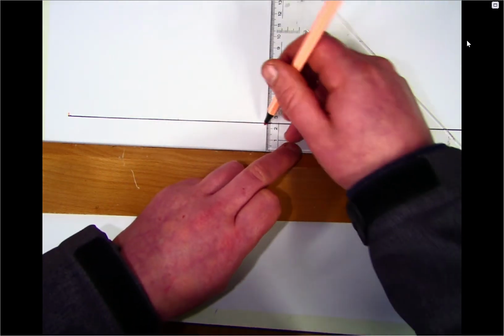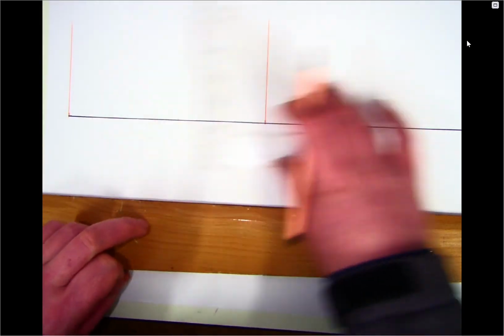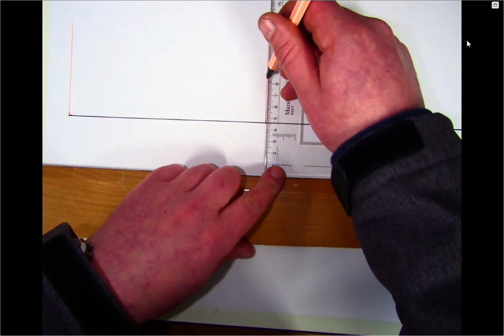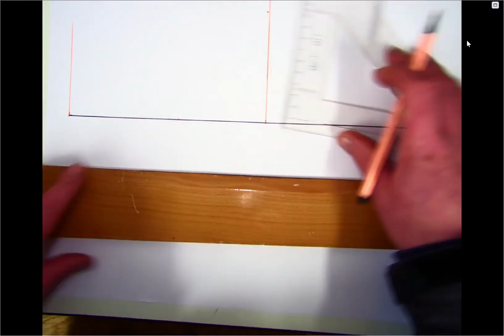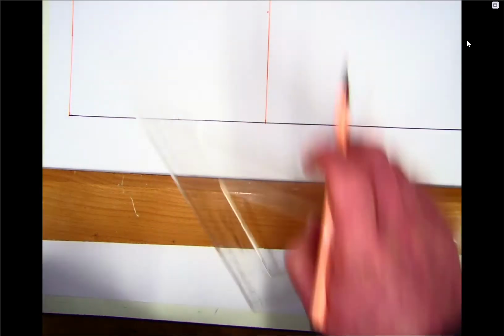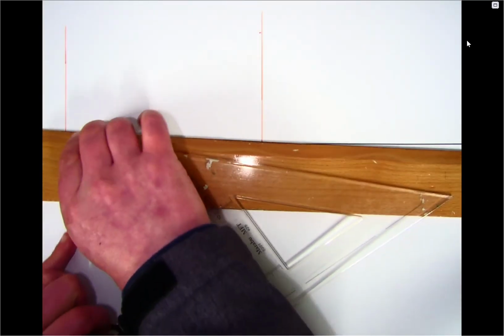So we project this up, and we project this up. So we know our height then is 96. Typically what I would do is draw a rectangle for the elevation, a rectangle for the plan, and a rectangle for the end view to get started. Sorry, my page moved slightly.